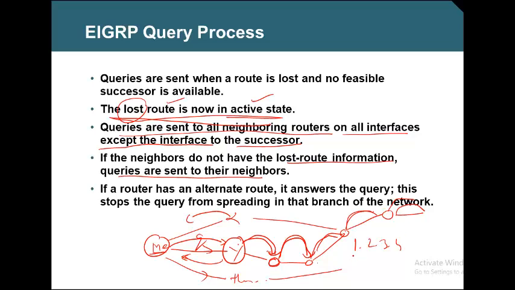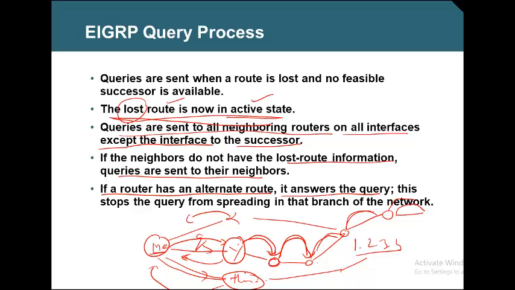This stops the query from spreading in that branch of the network. So if there is no answer, the query is not going to be stopped. The query will keep spreading all over the branch. And this is going to cause an issue.